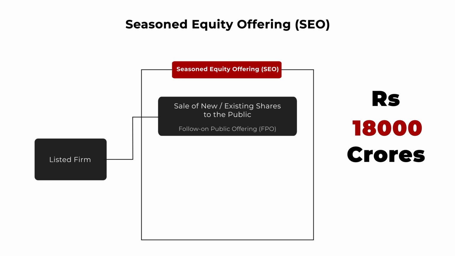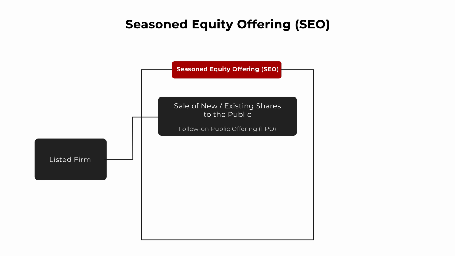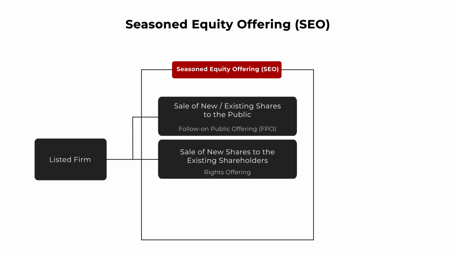This has been the largest FPO to date in India. Now let us talk about a rights offering. In a rights offering, shares are intended to be issued to the existing shareholders of a firm. However, outside investors can also get a chance to participate in a rights offering under some conditions.